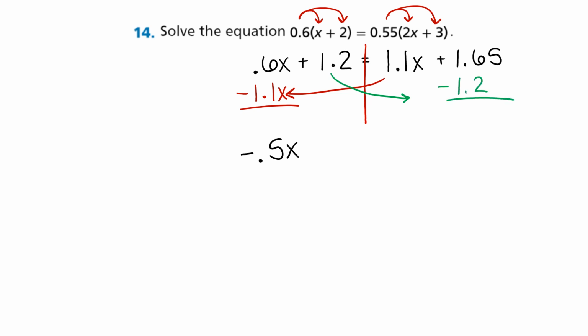Again, use your calculator to help you with your positives and negatives. 1.65 and negative 1.2 gives you a value of 0.45. And your final step is to divide your two answers. So 0.45 divided by the negative 0.5 gives you a final answer of negative 0.9.